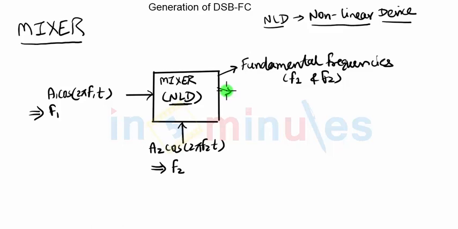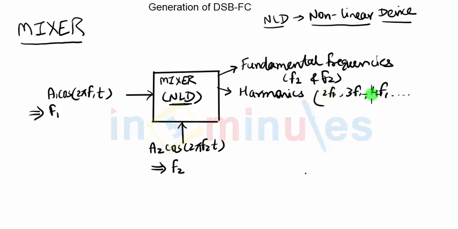Because of the non-linearity of the mixer circuit, there will be some extra frequency components generated. Now what will be these extra frequency components? The first will be the harmonics. Harmonics are nothing but the frequencies like 2f1, 3f1, 4f1, so on and so forth.